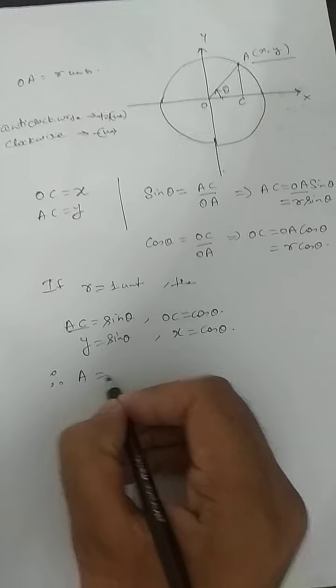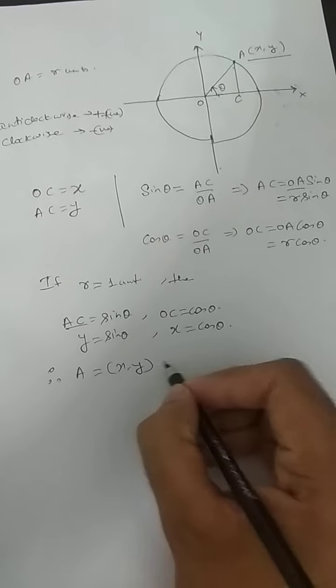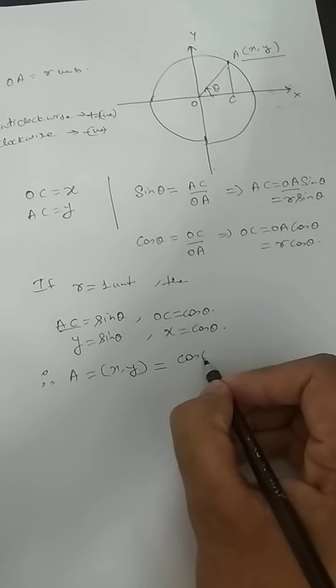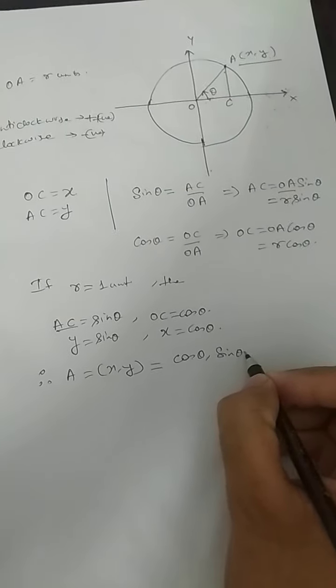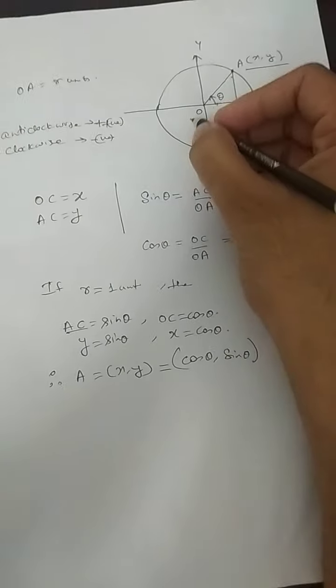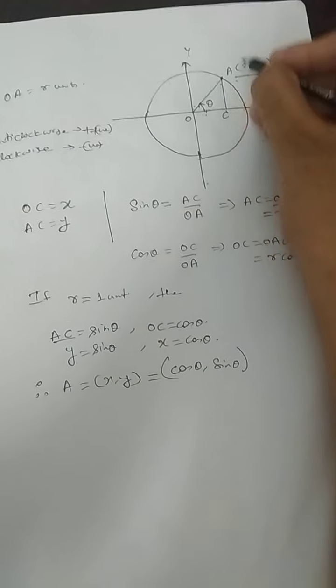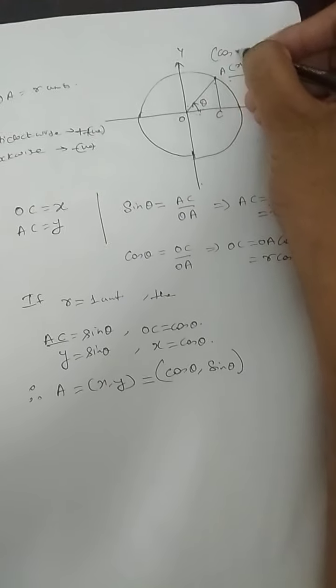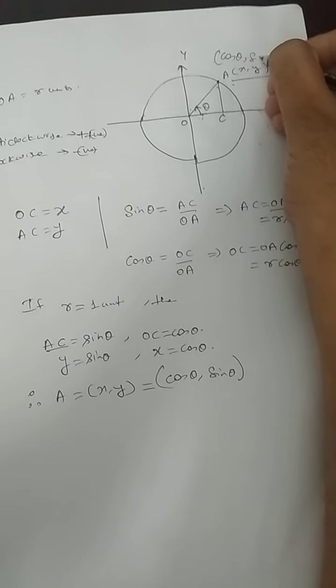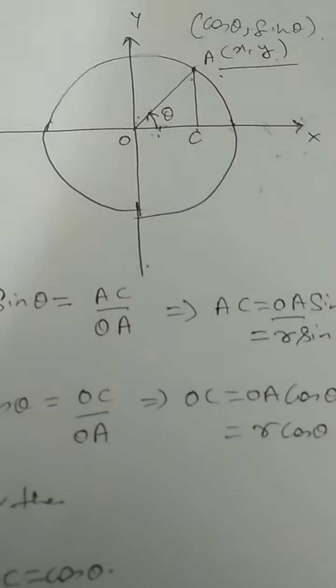Therefore A, that is (x, y), can be written as (cos theta, sin theta) if it forms one angle theta in anti-clockwise.